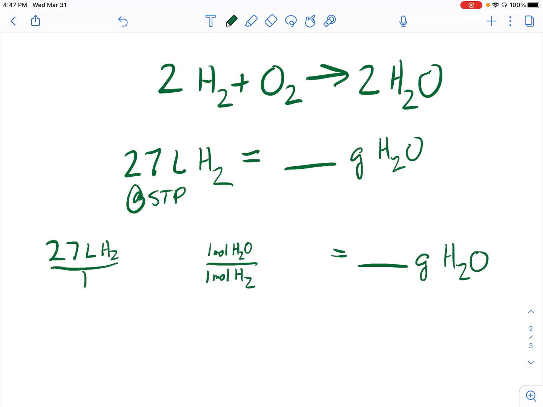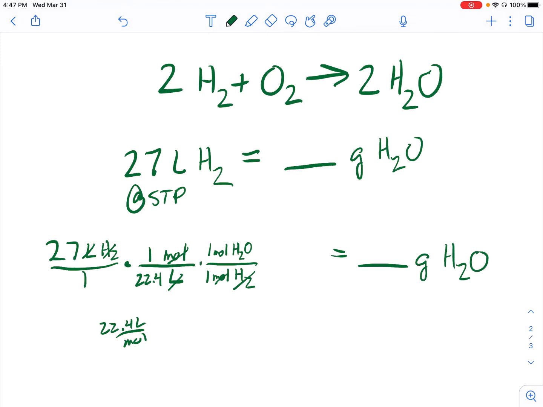But I do know that there is the kind of known shortcut for getting from liters of a gas at standard temperature and pressure to moles, and that is the 22.4 liters per mole converter. And again, I look at that and I say, I want to get rid of the liters. I want to leave myself at moles. So I put that there.